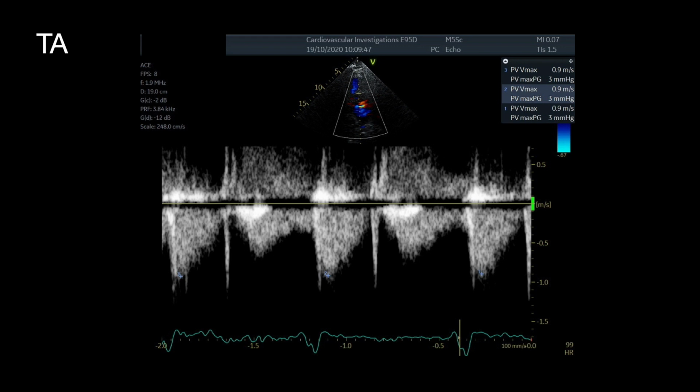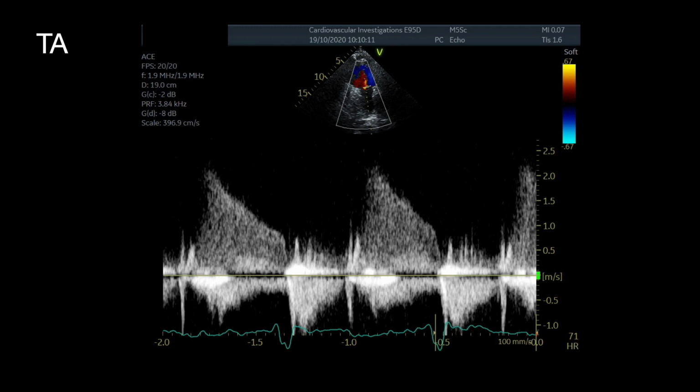And with continuous wave Doppler over the same area, measured the maximum velocity, and therefore calculated a maximum pressure gradient, which all looks normal. And this is the spectral waveform of the PR jet. So the spectral Doppler above the baseline shows us the PR, and there you could measure the pulmonary artery diastolic pressure.